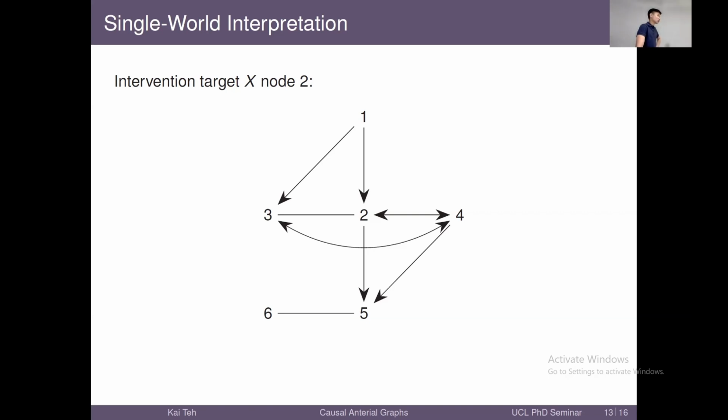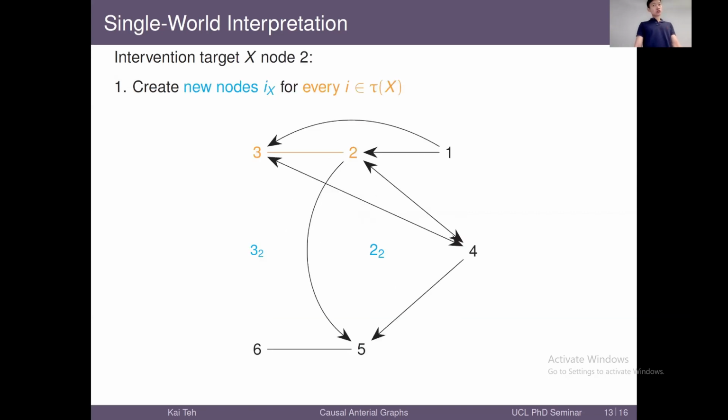Essentially we want to do something similar on this to get causal assumptions out of it. When we intervene, let's say X is node 2. First we create duplicate nodes 2, 2 and 3, 2 for the chain component that the intervene node is in. So for 2, 3, you create duplicate nodes 3, 2 and 2, 2.